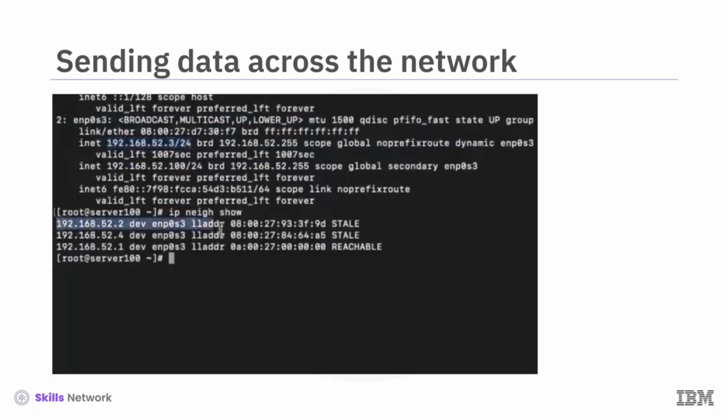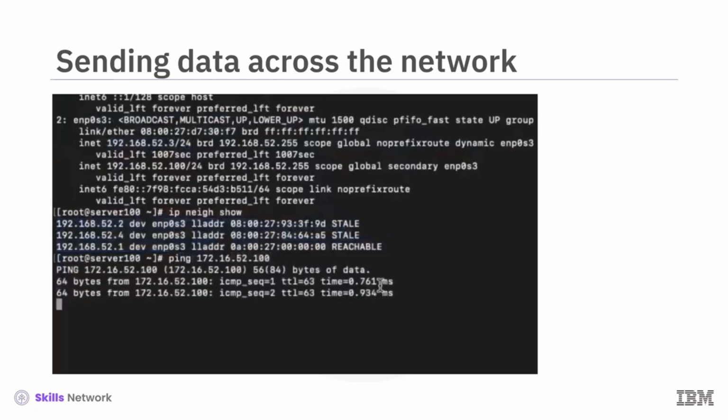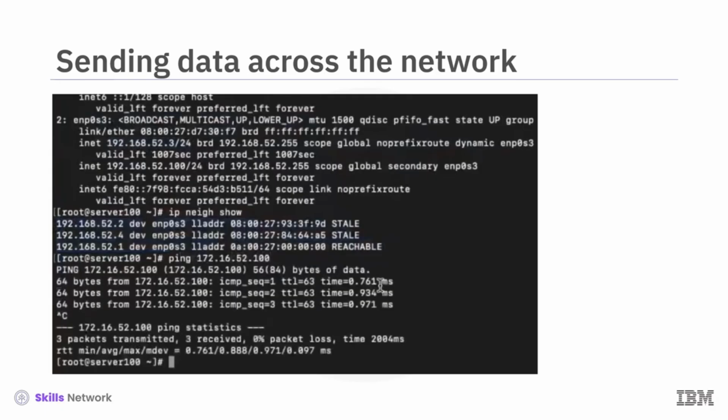So, the ARP table is populated with only that address. Even though you're pinging 172.16.52.100 and the ping is successful, the 172 addresses will not be added to this ARP table. Again, the ARP table will only translate addresses within our local broadcast domain.